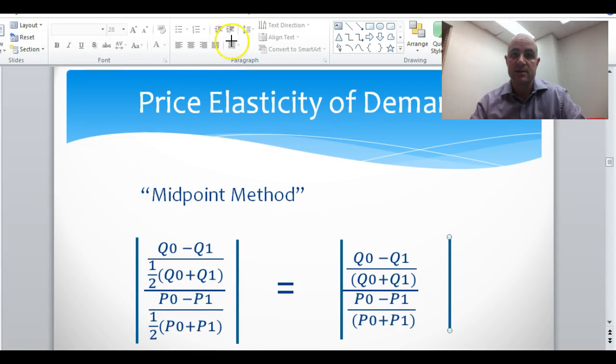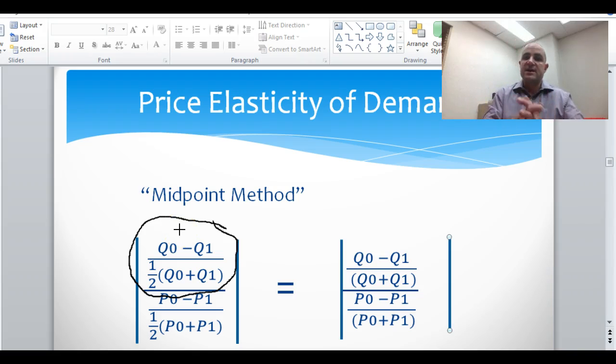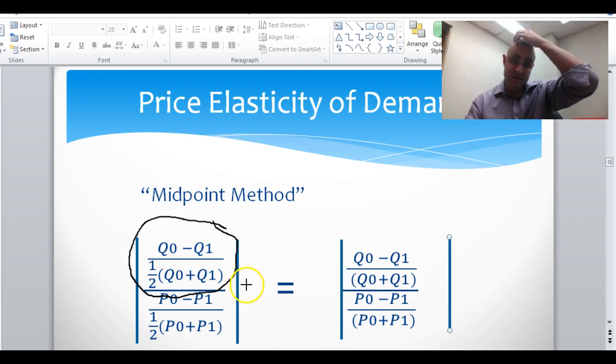All right, so this top part here is going to be your percentage change in quantity demanded. It's as you move from two points. Let's say those two points are Q0, P0 and Q1, P1, and we'll show that in a second.